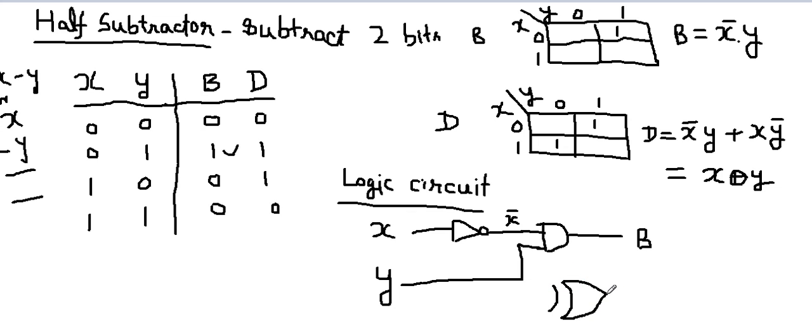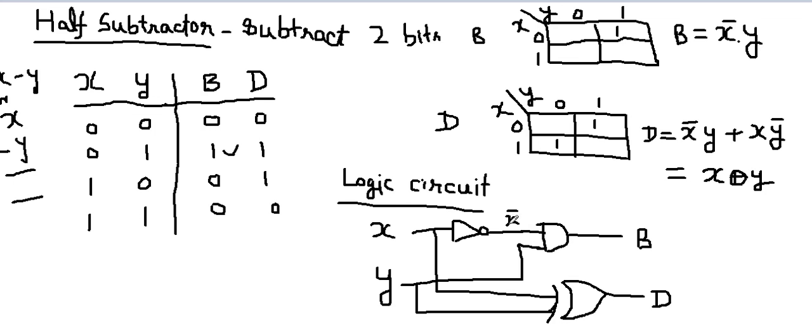Okay. Now this is your difference operation, and here x will be fed into this and y will be fed into this, right? So it will be your x XOR y, right?